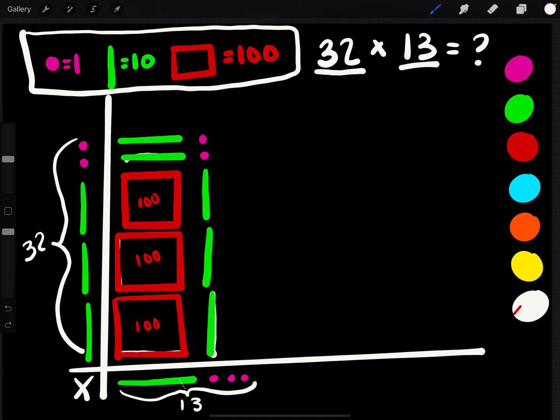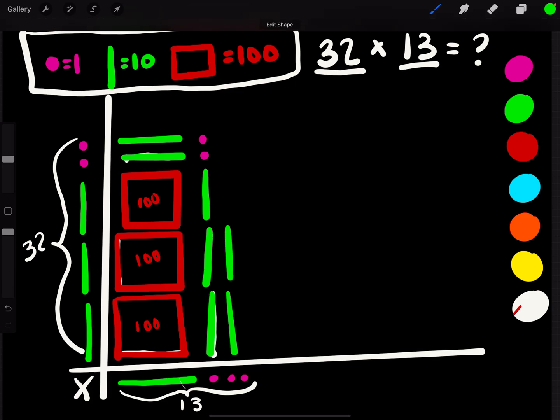If we look at our next one, it's a 1 by 10. So again, it's going to be a tens rod, a tens rod, a tens rod, and then it's got 1, 2 ones.